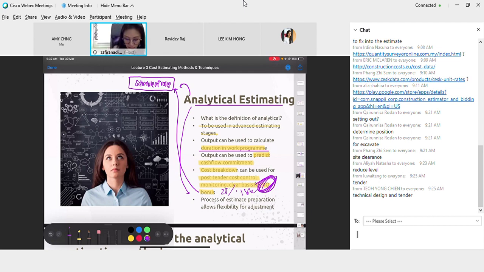Okay. And the other criteria of analytical estimating is flexibility. Okay, why is it flexible? Can somebody share with me their thoughts?